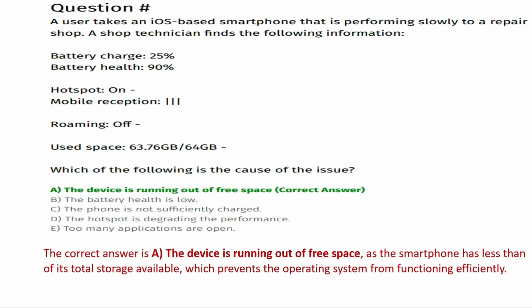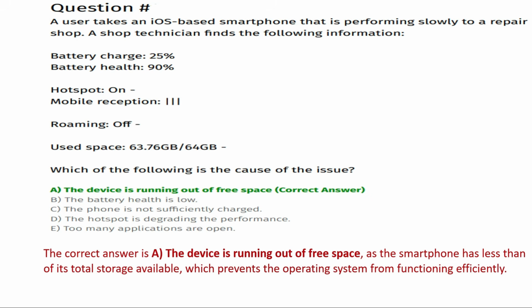And the next question is, a user takes an iOS-based smartphone that is performing slowly to a repair shop. The shop technician finds the following information: battery charge 25%, battery health 90%, hotspot on, mobile roaming off, used space 63.76 GB out of 64 GB. So which of the following is the cause of this issue?